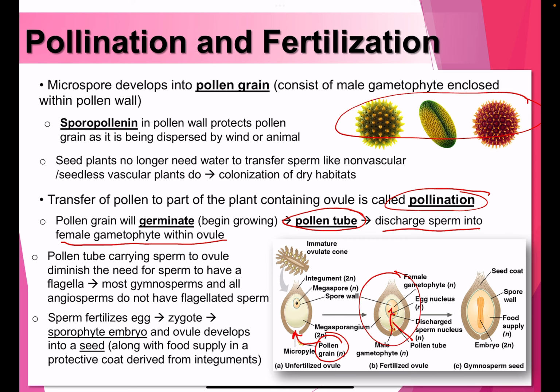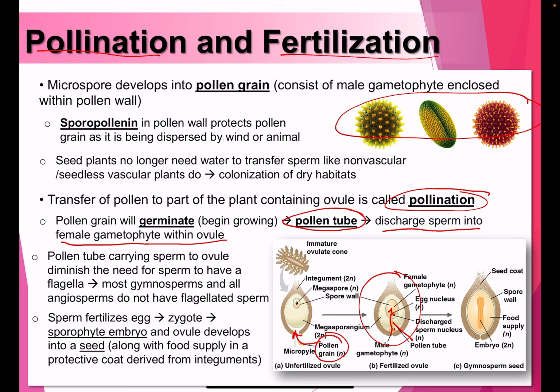And so once sperm reaches the egg, fertilization then happens. So you can see the difference between pollination and fertilization. Pollination is the action of the pollen grain going towards your ovule, germinating and beginning to make that pollen tube, making the sperm.